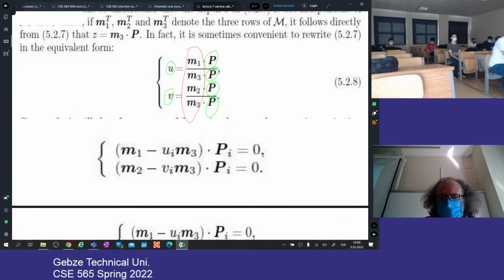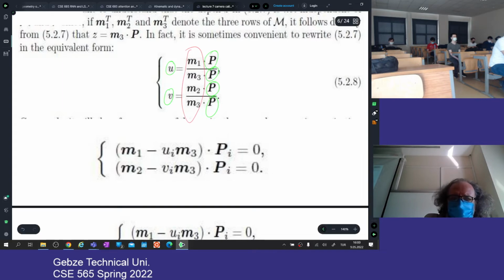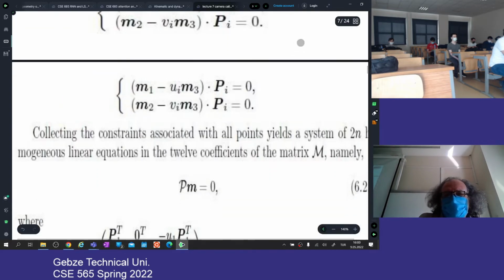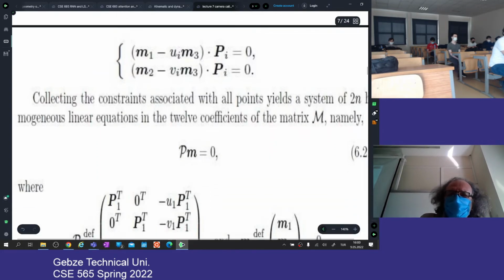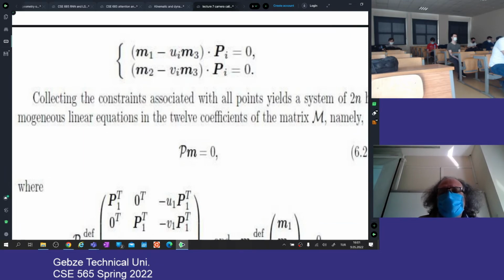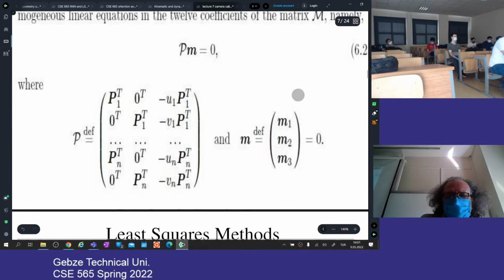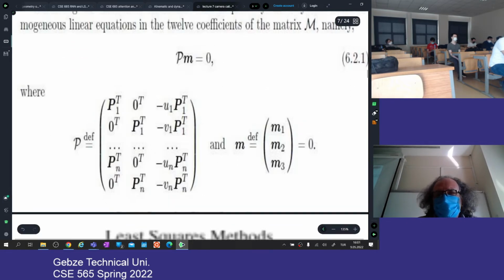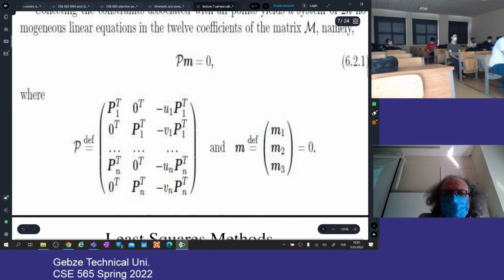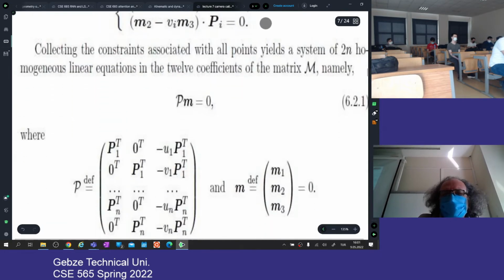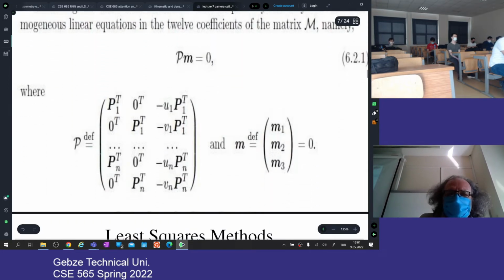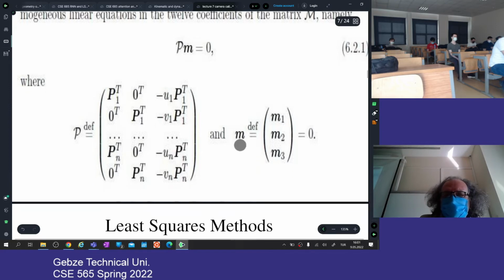Okay? It looks like it's going nicely, but the thing is that these are known, and these are not known. So what am I going to do? I'd like to take this out and put it in a shape like this: P times M is equal to 0. P is this, and M is this.